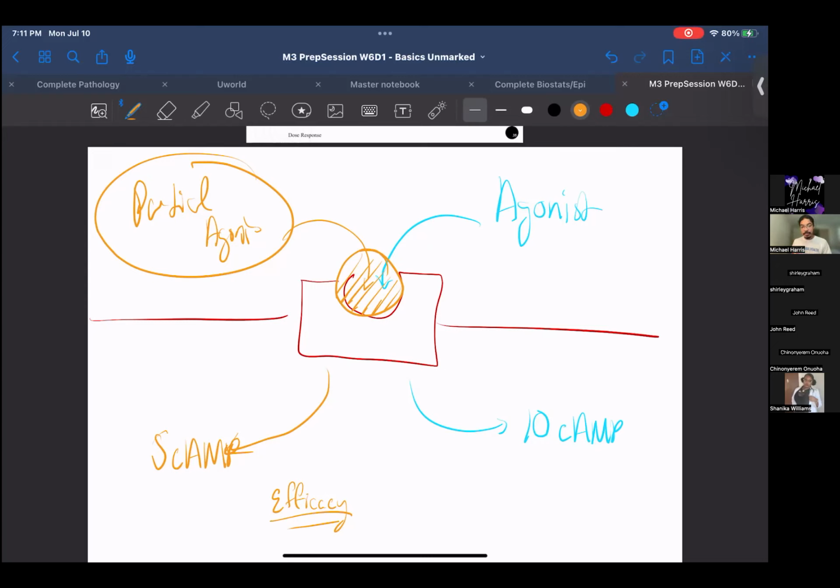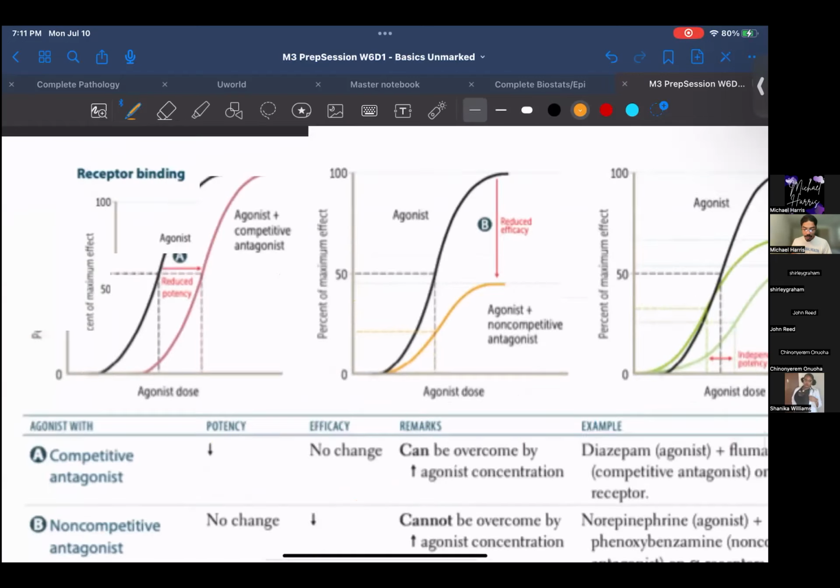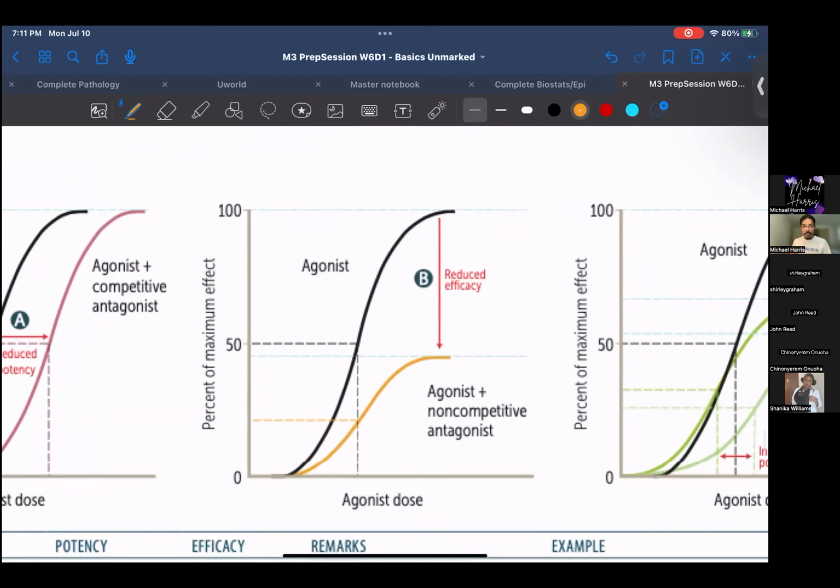Does that make sense? Which is why whenever you look at the graph, it shows up as a non-competitive antagonist.